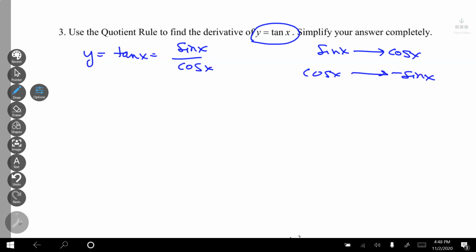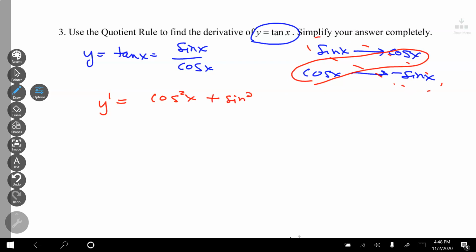And I do my crisscross this way first. Y prime is equal to cosine times cosine is cosine squared of x minus, I do this way second. I see another minus sign, so it's going to be plus sine squared of x over the denominator squared.